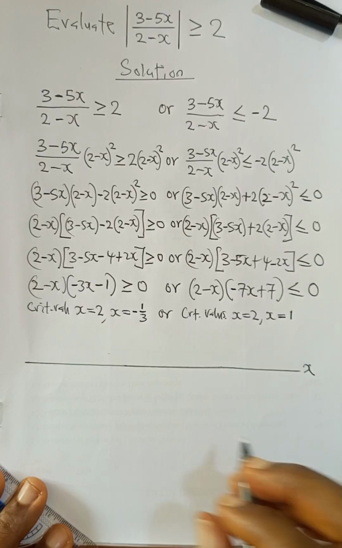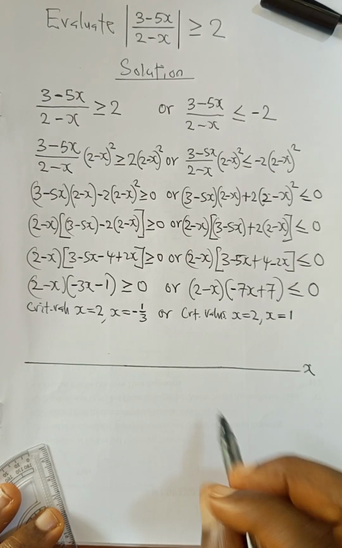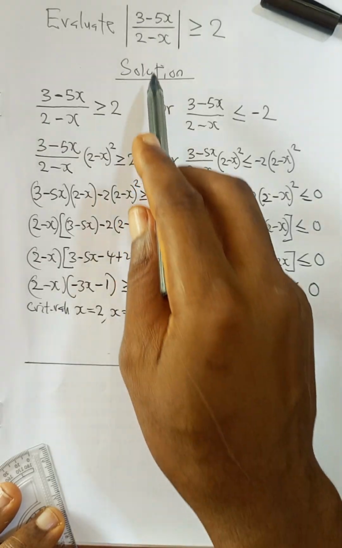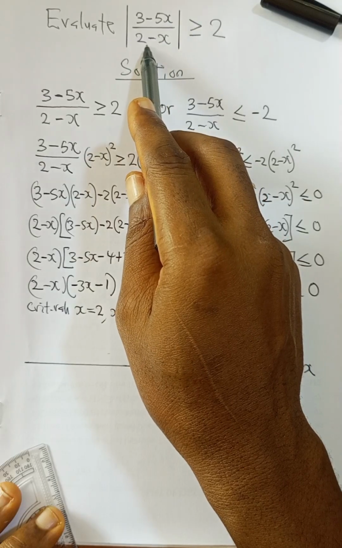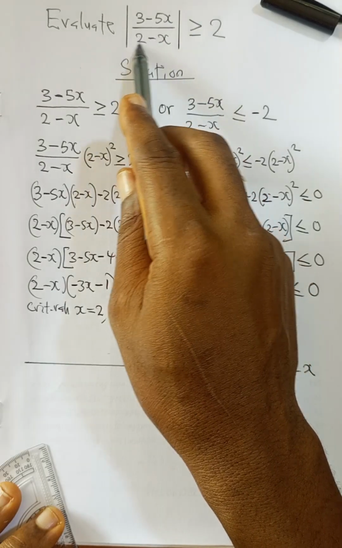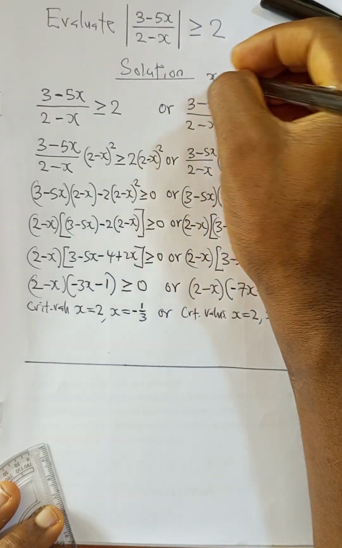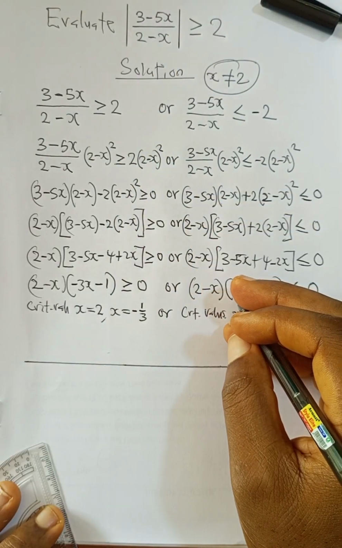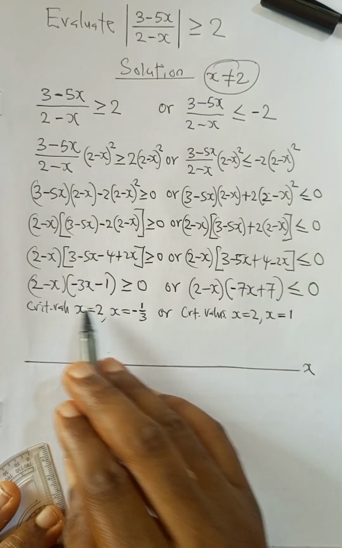Now, let's pick up the values. There is something important I need to say here that I did not say when I started. You see, in 2 minus x, x can never be equal to 2, because if x is 2, this denominator is 0. That means it's undefined. So take note that x is not equal to 2. Have it at the back of your mind, because you are seeing 2 here and 2 there.